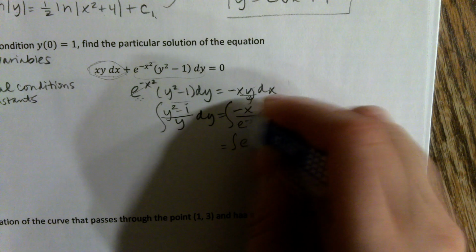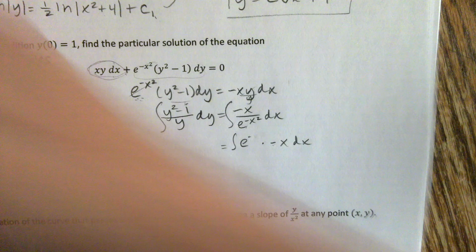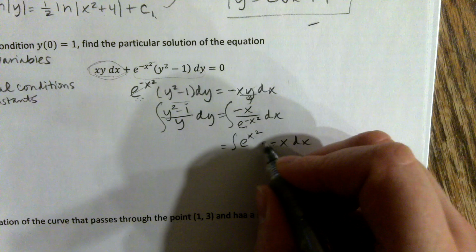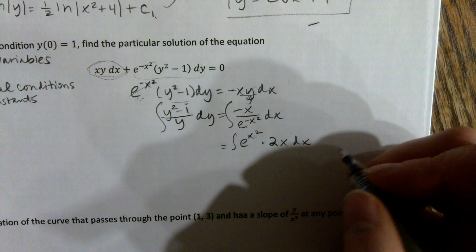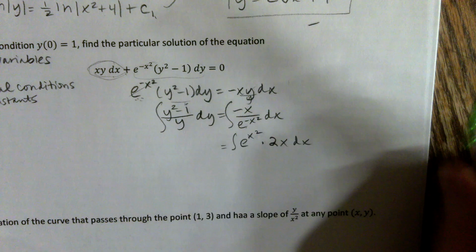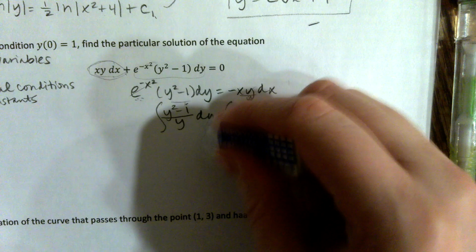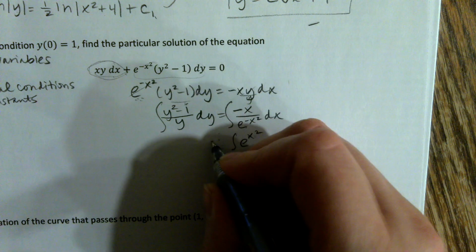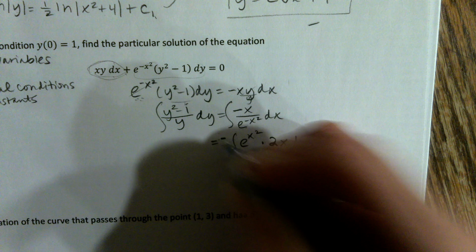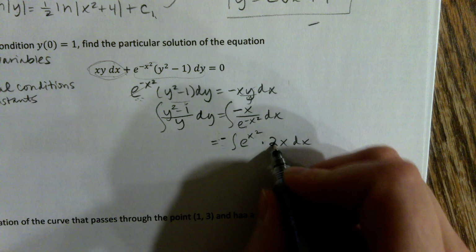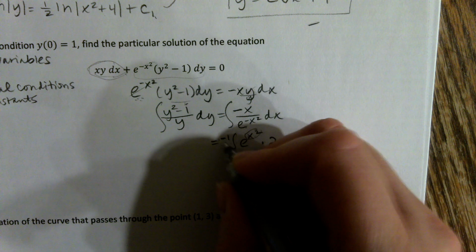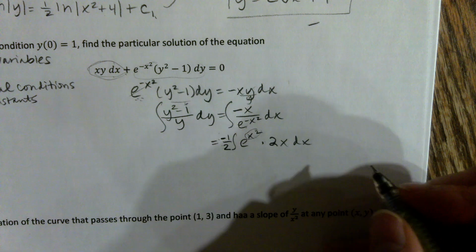My derivative of a positive x squared is going to be 2x, so I really want a 2x right here. I'm pulling this negative out because I don't need it in the middle of the problem, and because I want a 2 there, since that's the derivative of my exponent, I need to account for it by putting in a negative 1/2.